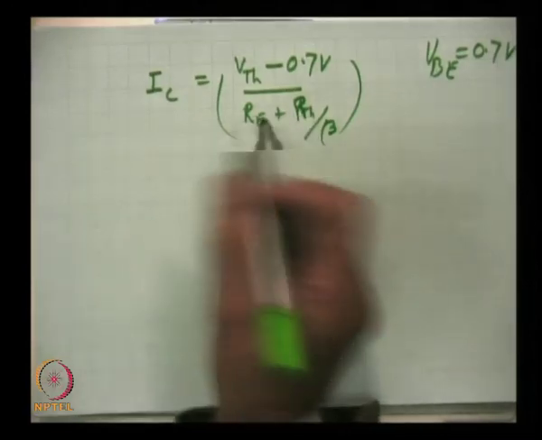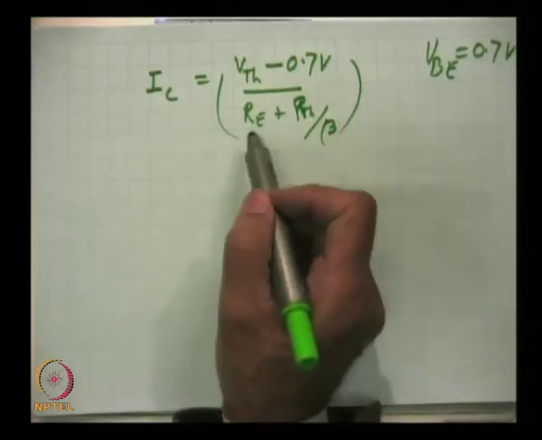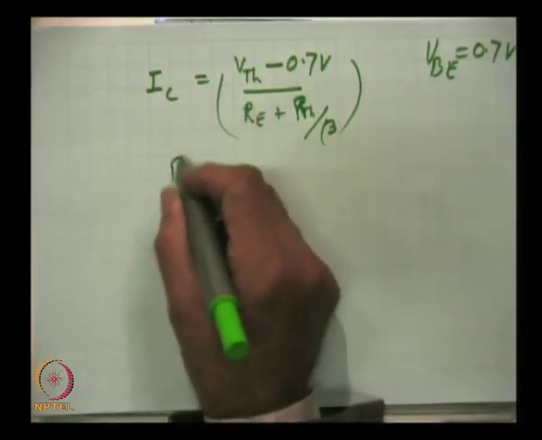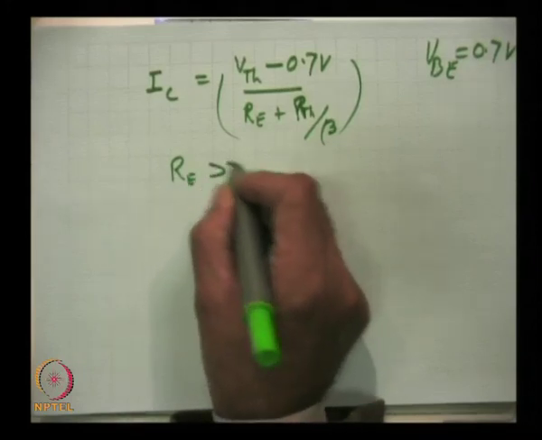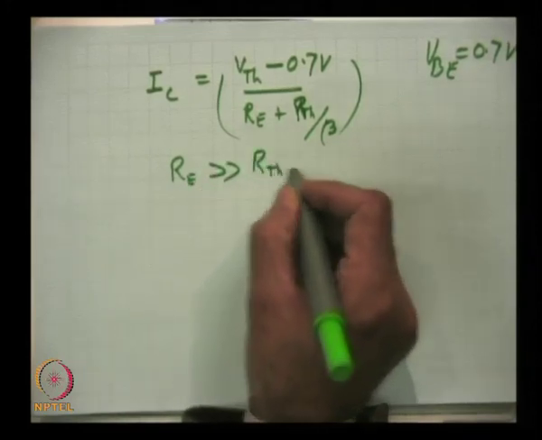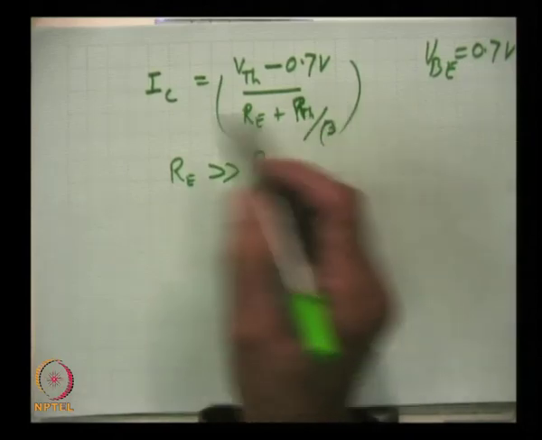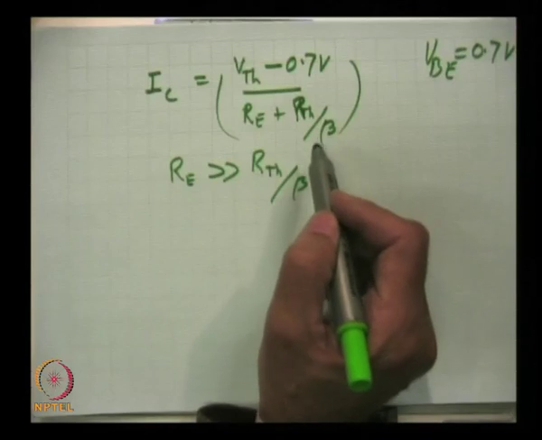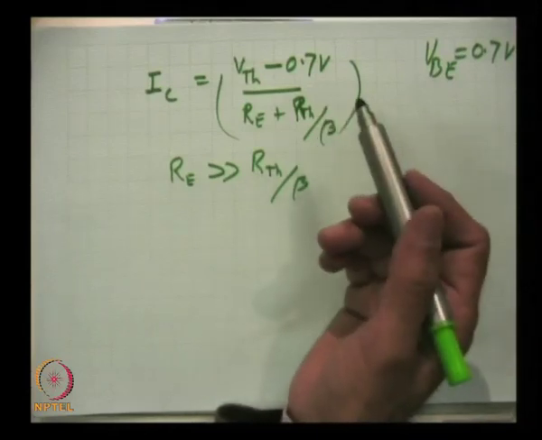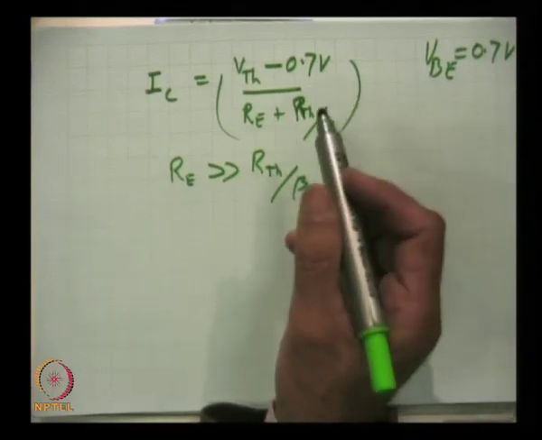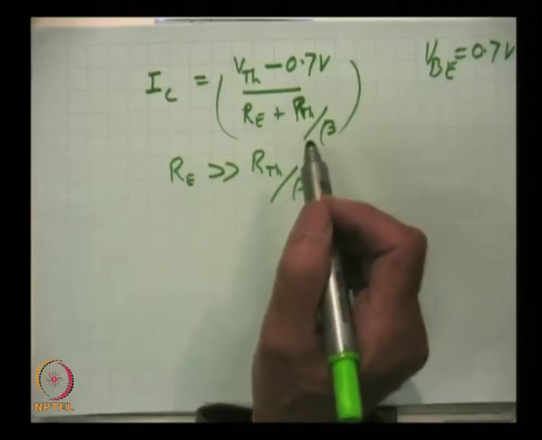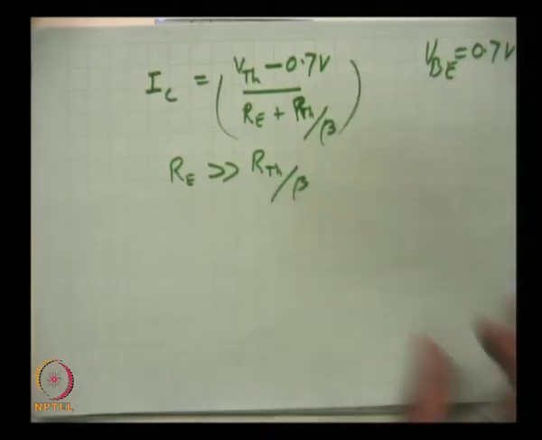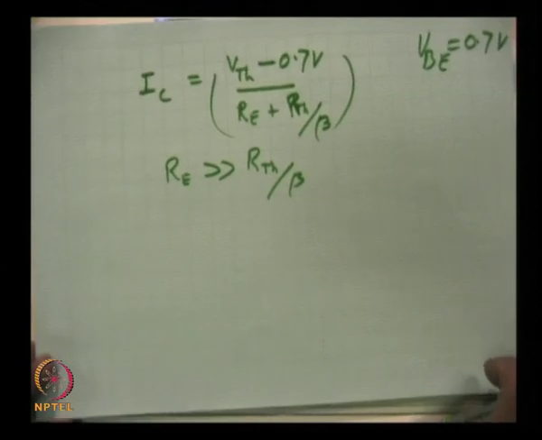This is the final expression, and by making RE greater than RTH by beta, we can make the collector current independent of the variations of beta, and this will be highly stable.